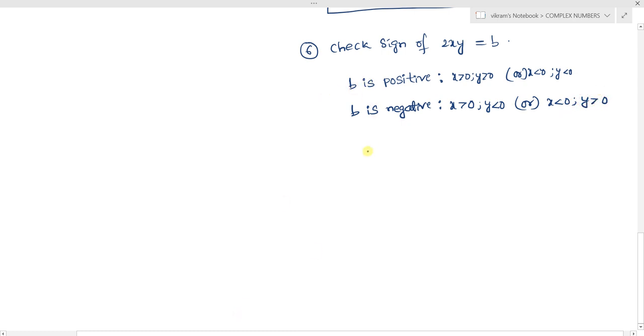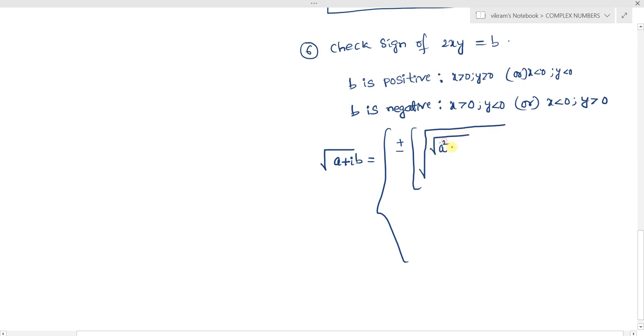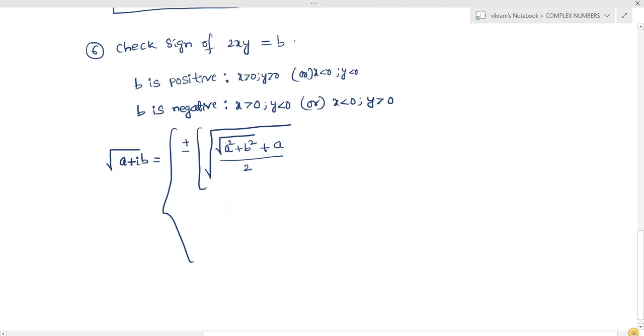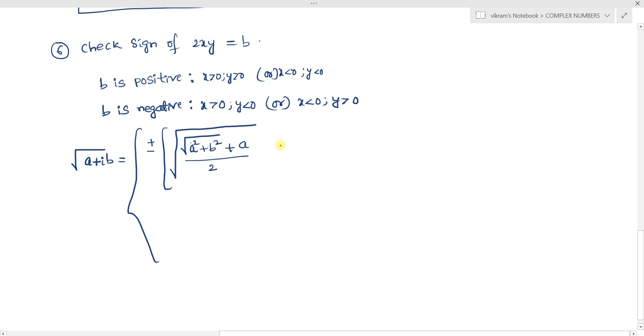So for the given square root of a complex number a plus ib, we can write plus or minus, square root of square root of a square plus b square plus a by 2. Now I am considering the case b is positive.